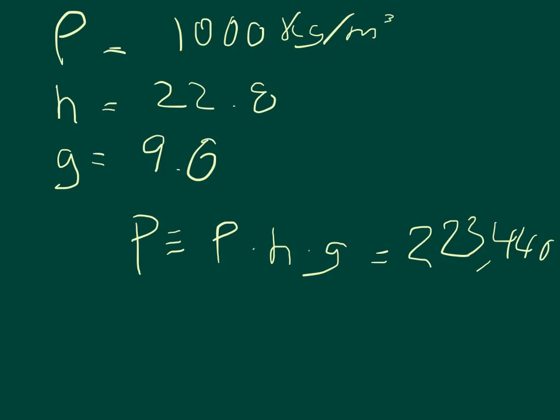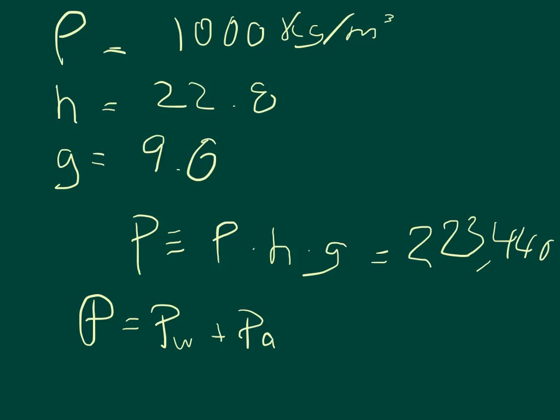It says, calculate the absolute pressure at the bottom of a freshwater lake at a depth of 22.8 meters. Assume the density of water is 1,000 kilograms per cubic meter, and the air above is at a pressure of 101.3 kilopascals. So the absolute pressure is equal to the pressure of the water plus the pressure of the air.